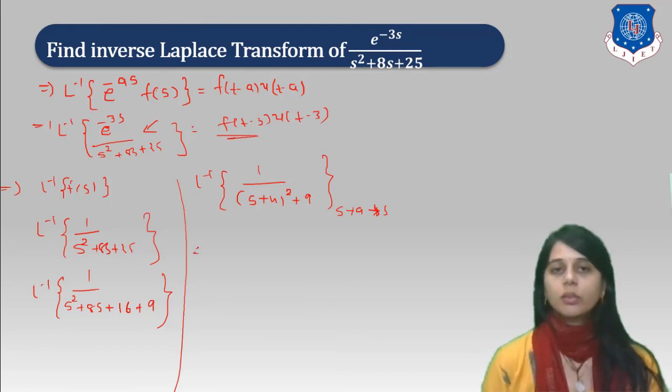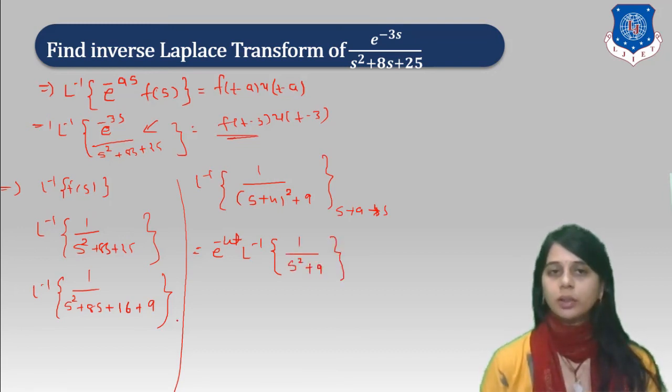For that, we apply the inverse first shift theorem, e raised to minus 4t, times the inverse of 1 upon s square plus 9, which is 1 upon 3 sin 3t.